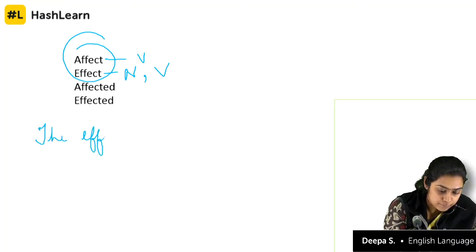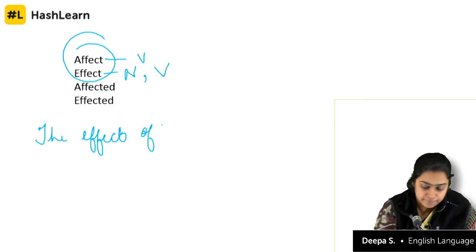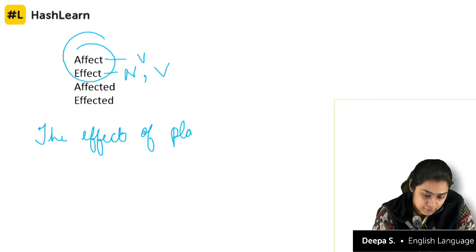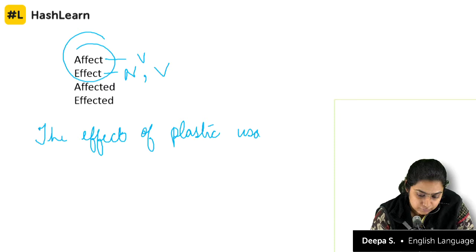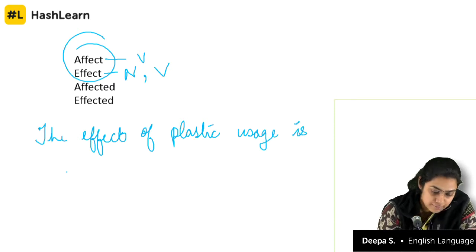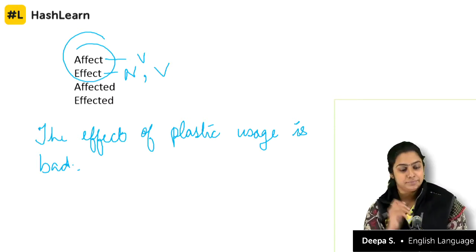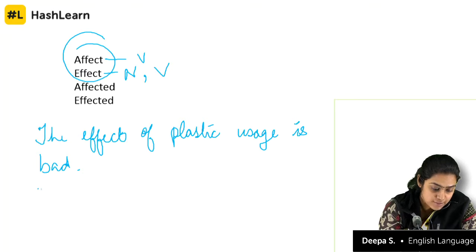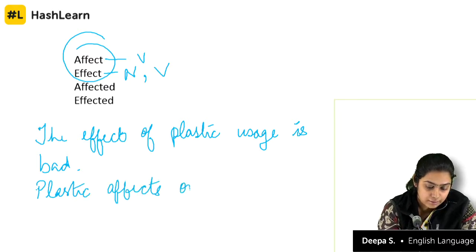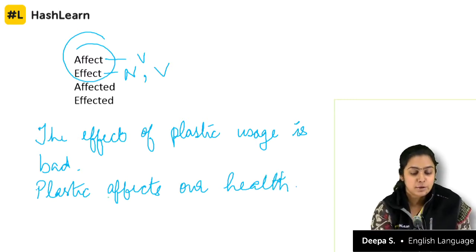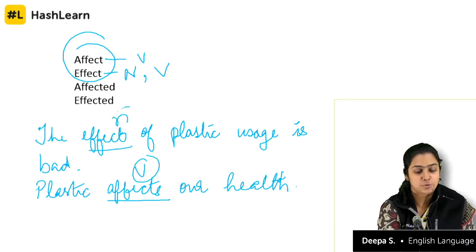The effect of plastic usage is bad, okay, meaning the impact. Then you can also say plastic affects our health. Okay, now affect here is a verb, effect is a noun, correct?